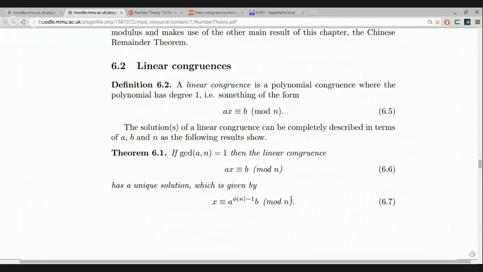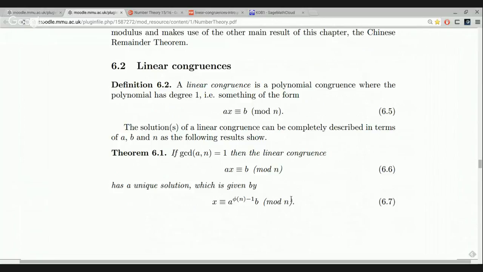So multiply both sides by the inverse, you get X is congruent to A inverse times B. Now I presented A inverse there in terms of the Euler totient function. Remember, this was a result called Fermat's little theorem from the previous chapter, which said if the greatest common divisor of A and N is 1, then A inverse exists and it's congruent to A to the power of phi of N minus 1 modulo N. But the point is, the inverse does exist.